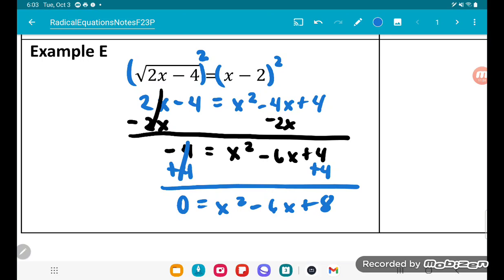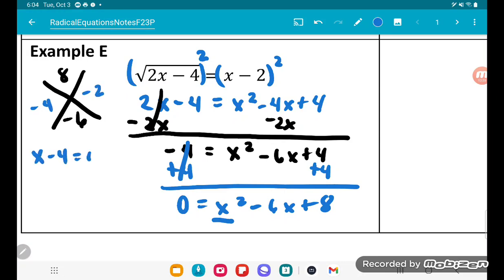We set the quadratic equation equal to 0 so that we can factor and solve. You want to make sure that x squared is also positive when you're doing this. Now you factor. There's an 8 in the top, a negative 6 in the bottom. Your two numbers are negative 4 and negative 2. So x minus 4 equals 0. x minus 2 equals 0. x minus 4 equals 0.